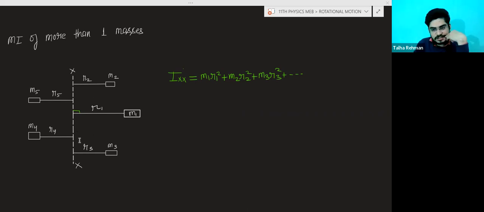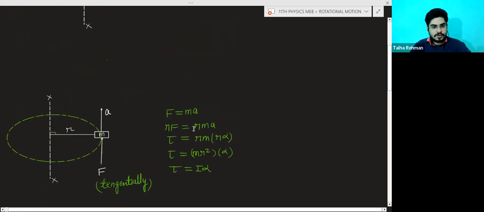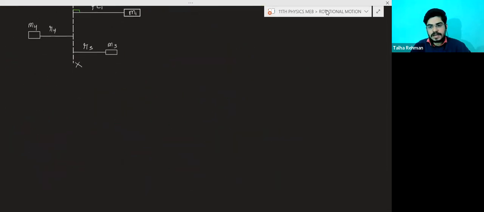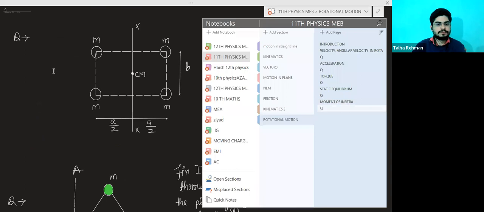If you change the axis, the moment of inertia will automatically change. So for the moment of inertia, the axis is important. Changing the axis changes the moment of inertia. We have completed this in the last class, so today we will solve the questions.